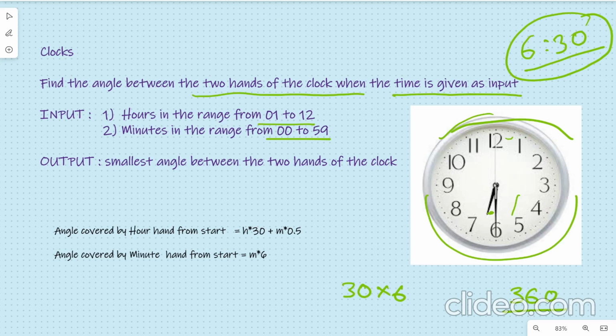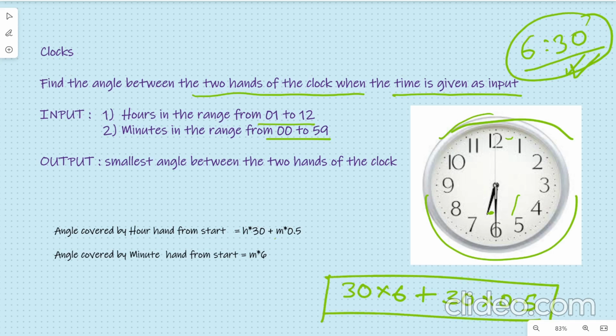This is whatever the minute hand has traveled, in this case 30, times 0.5. So 30 degrees into 0.5 is 15 degrees. This is the total degrees that the hour hand has moved.